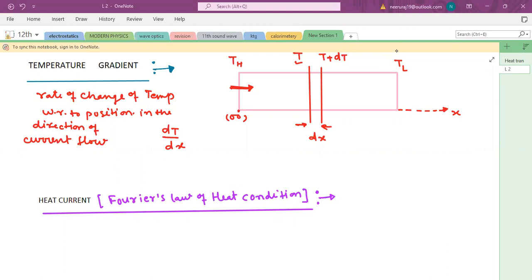As you know, x is increasing in this direction and temperature is decreasing, so dT by dx should be negative. The temperature gradient is negative. And you can say the unit of temperature gradient is Kelvin per meter, that is temperature by distance. This is the SI unit of the temperature gradient.